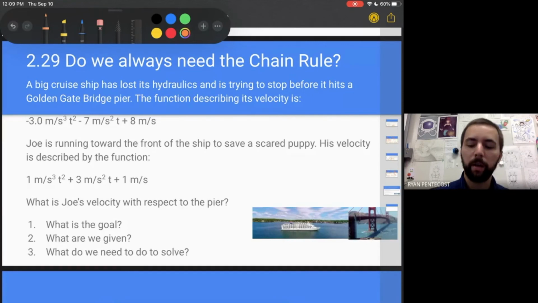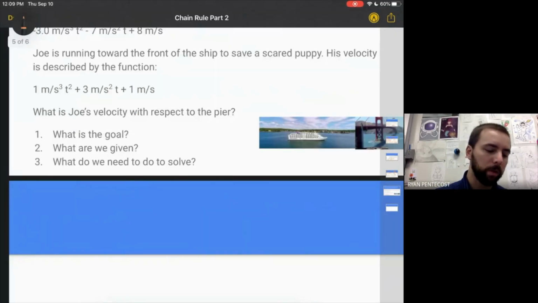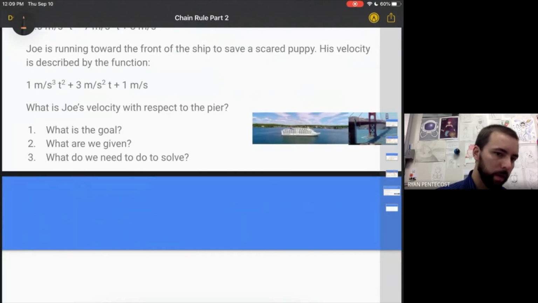So this is kind of like a relativity question. Let's break this down. What is the goal? Our goal is the velocity of Joe relative to the pier. How fast is Joe approaching the pier? Because he's running towards the front of the ship, but the ship is slowing down.